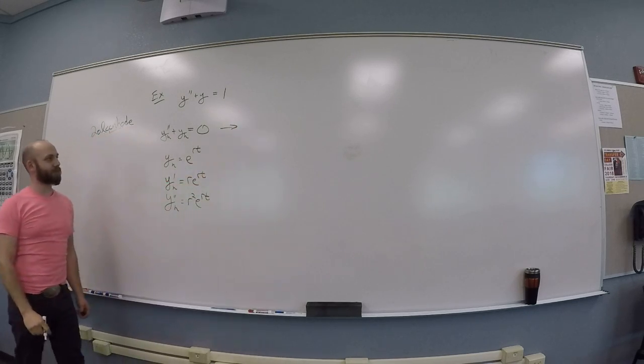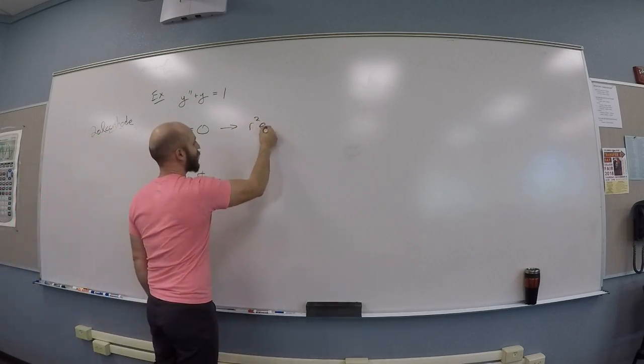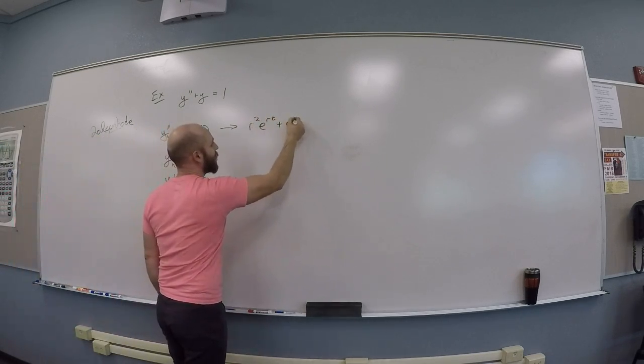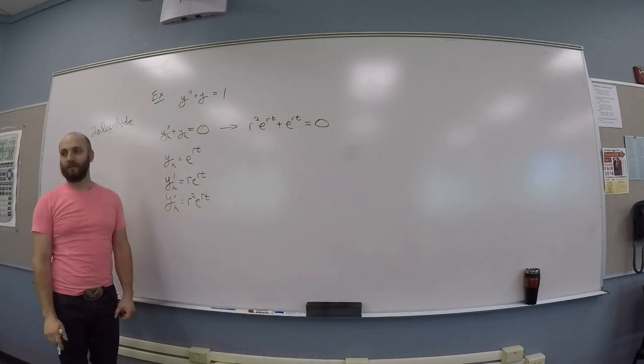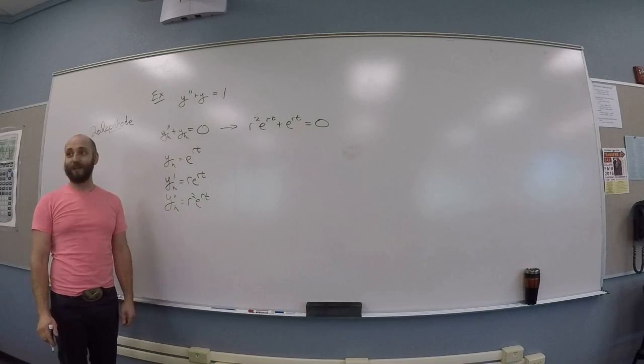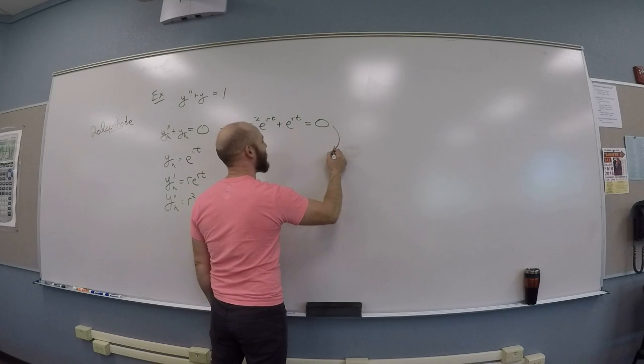So this becomes r squared e to the rt plus r squared e to the rt is 0. Then you can divide by e to the rt because it is identically not 0.